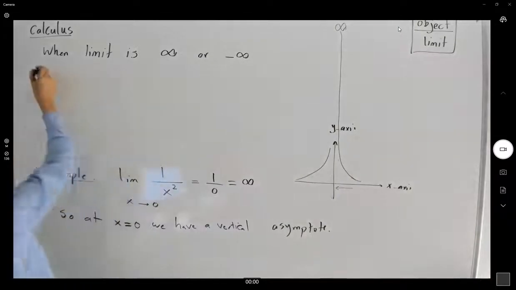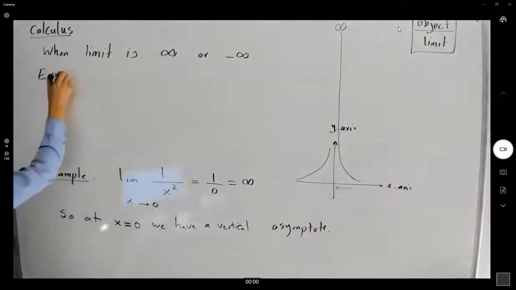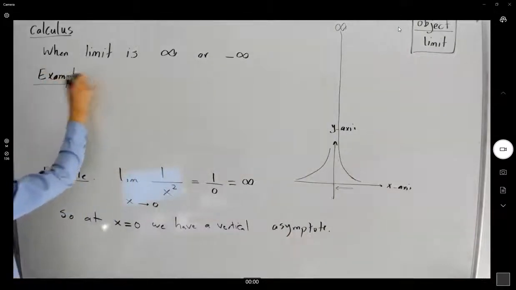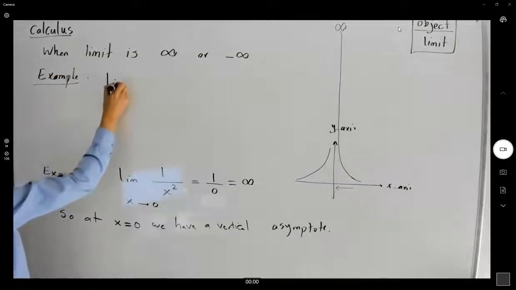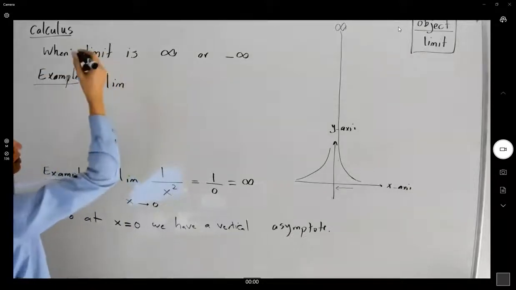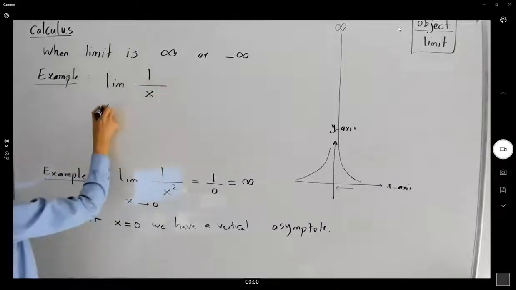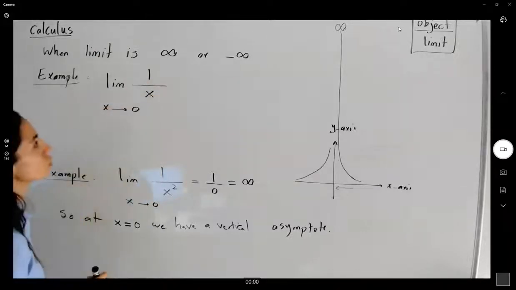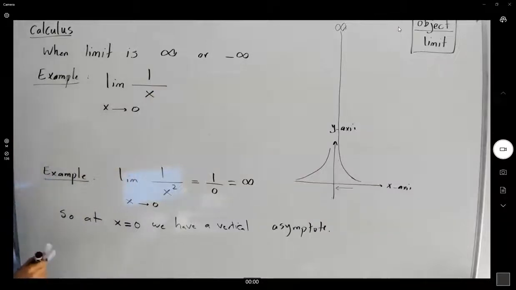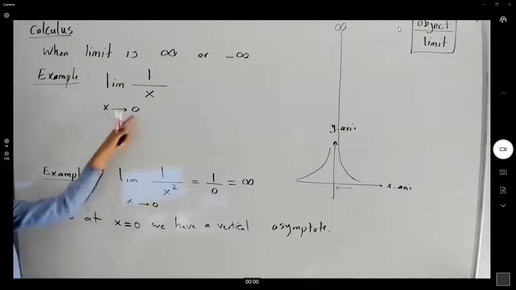Another example. Question says, find the limit of, let's see, 1 over x as x approaches to 0. Okay, as x approaches to 0, we're not going to simply plug 0 in. We're going to take a look at the graph first.